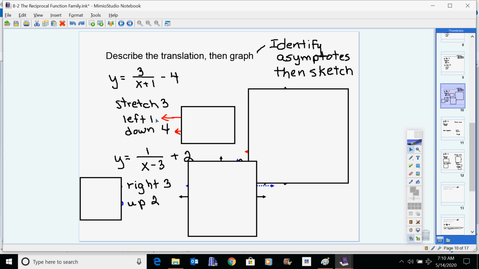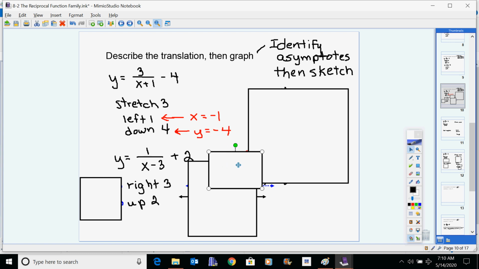Okay, when it says the whole graph moves left 1, if we're thinking about our x and y axis, that's an x direction, so everything's moving left 1, so that means x equals negative 1 is an asymptote. Down 4 means in the y direction we have y equals negative 4, and that's another of our asymptotes.